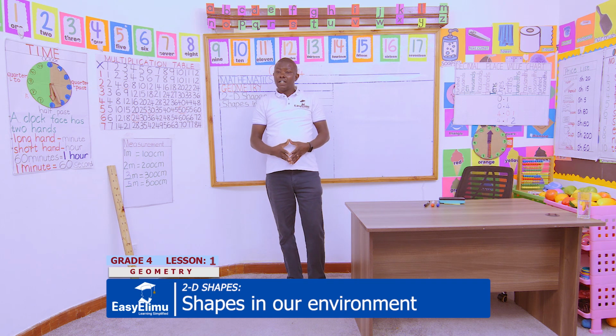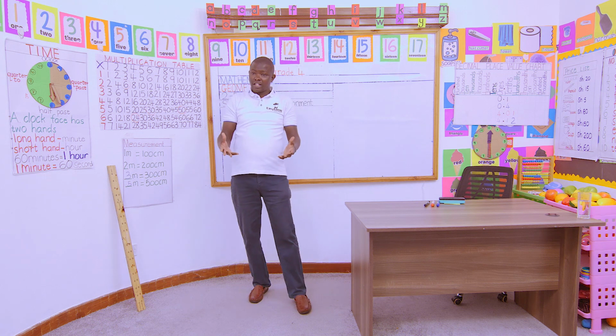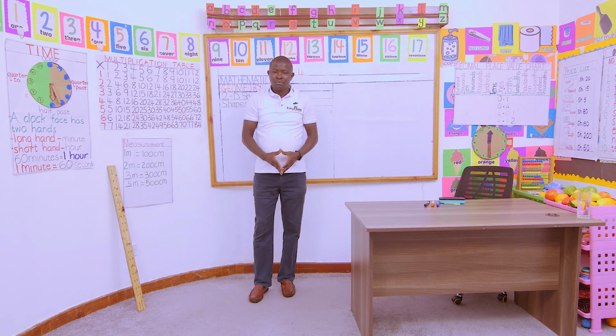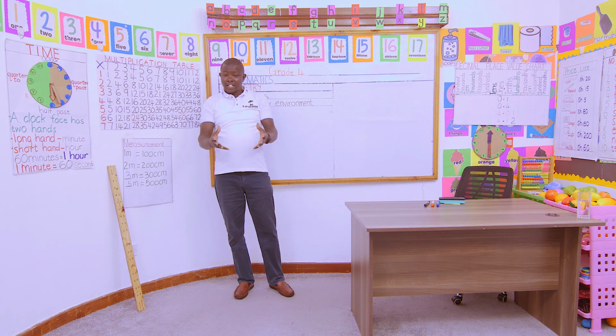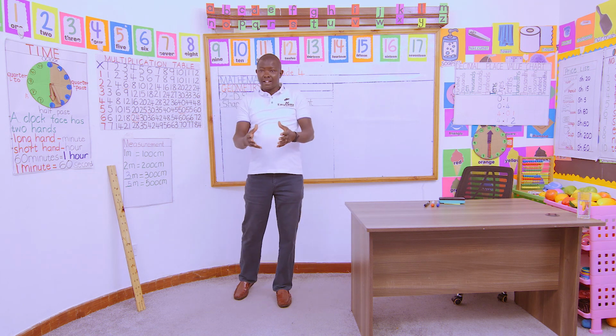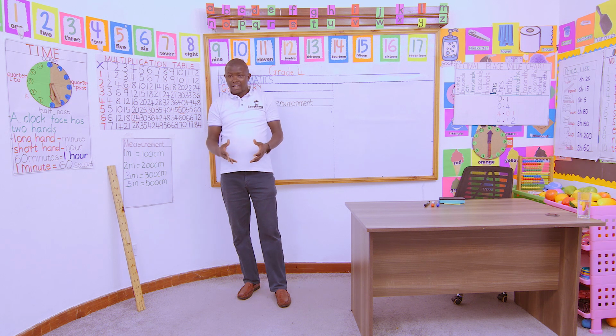Yes, a triangle. That was a shape you learned in our previous class. Another shape, Jane? Yes, a rectangle. A rectangle was another shape that you learned in our previous class.